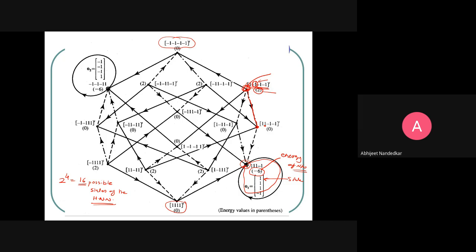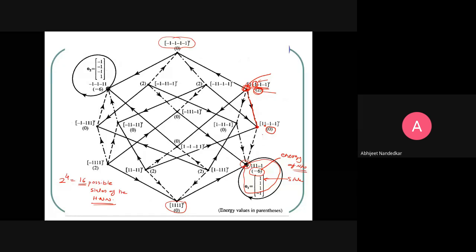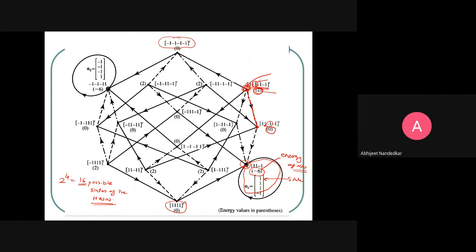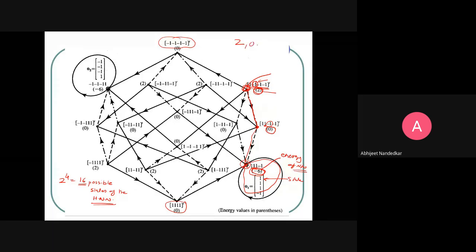You can see energy was 2, now it has gone to 0. Now if you allow the next bit to change, then it will follow this path and land here. So these first three are now plus, and energy has gone to -6. So energy was 2, then it went down to 0, then down to -6.